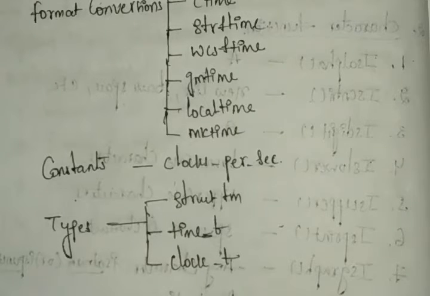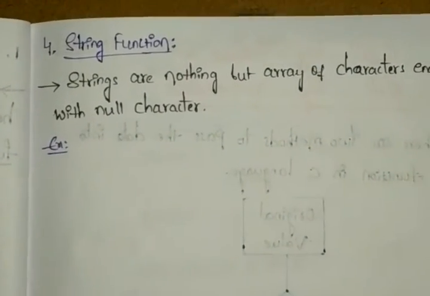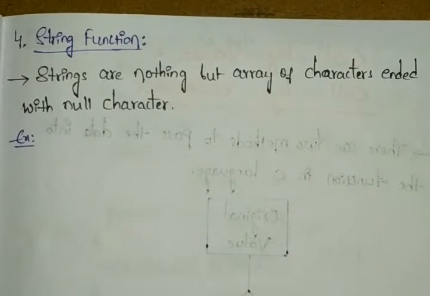And next here we have the fourth one, that is the string function. Here we have the fourth one, the string function. A string is nothing but an array of characters that ends with the null character. Normally you know strings in functions.